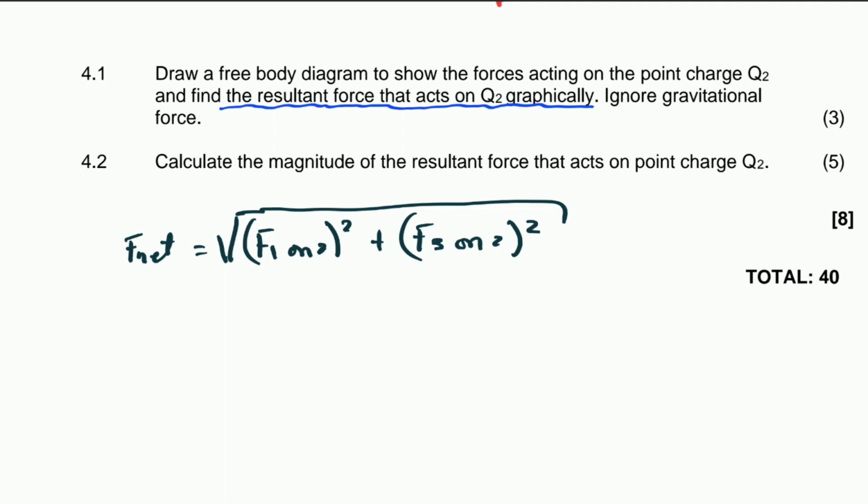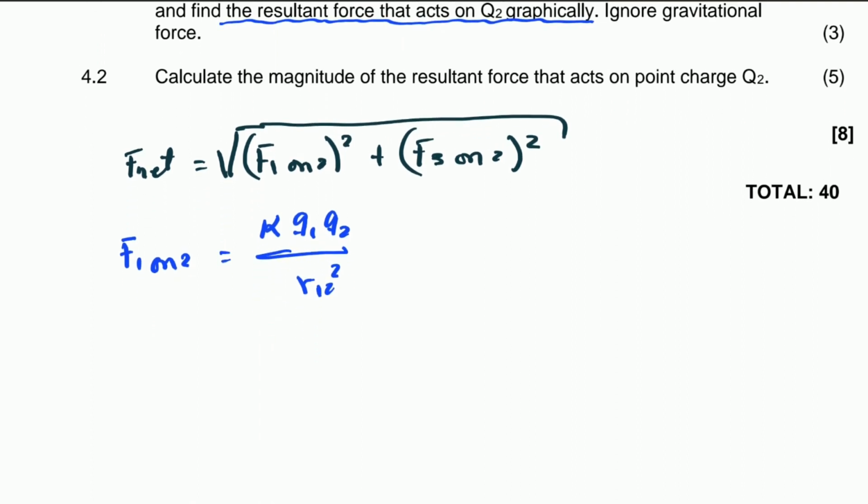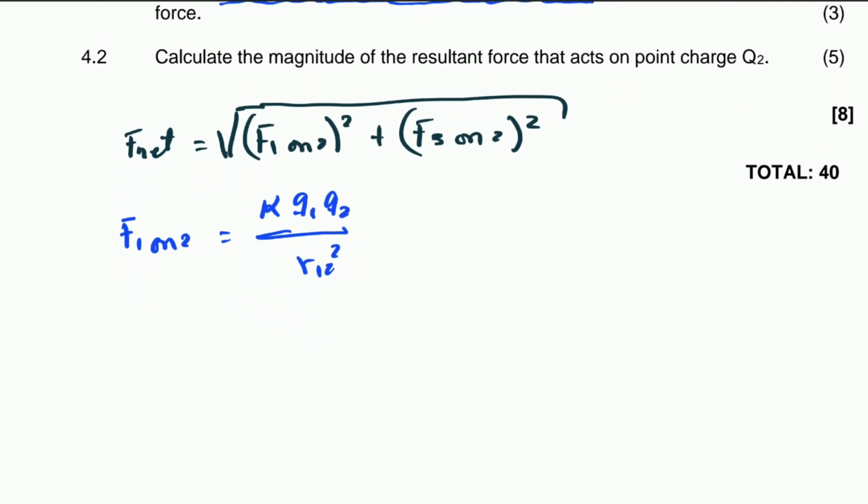This formula we used in the first video, so I'm not going to go to the formulas to show where it is, but you can go there. So I like to come here and say F1 on 2, and I calculate this one, k Q1 Q2 divided by distance 1, 2 squared. And I do the same with 3 on 2. I'm going to substitute and fast forward all this calculation because it is not necessary to do it right now on video.